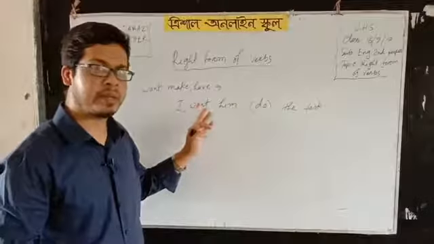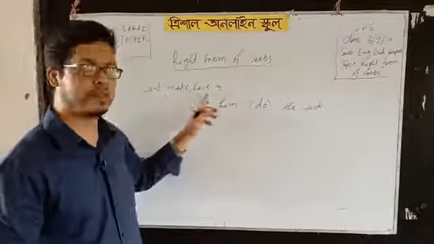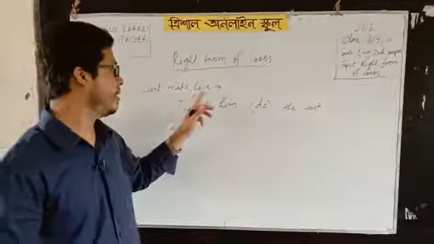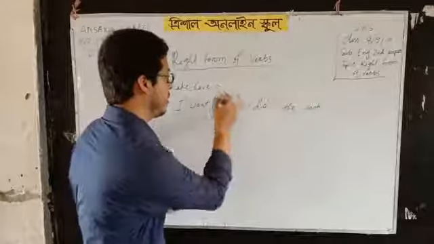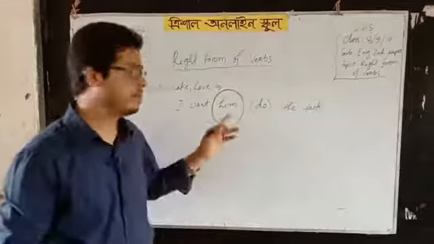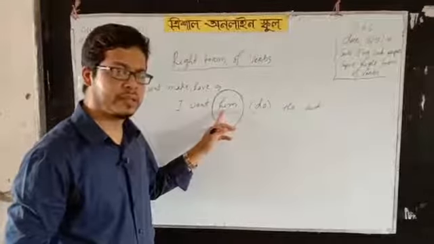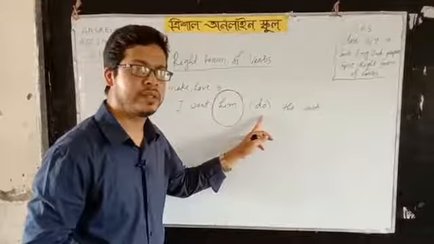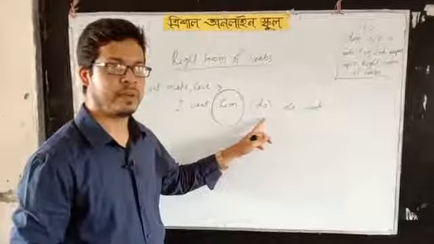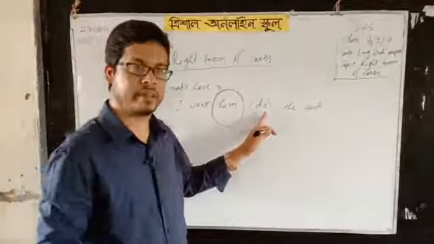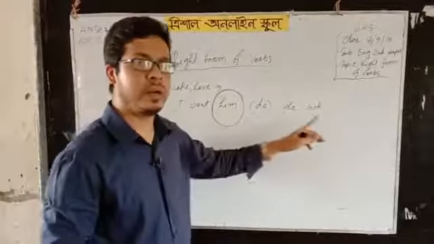I have already mentioned that after these words want, make, have, there is a personal object and there is a gap after it. We are to use the base form of the verb. So do itself is correct. I want him do the task.